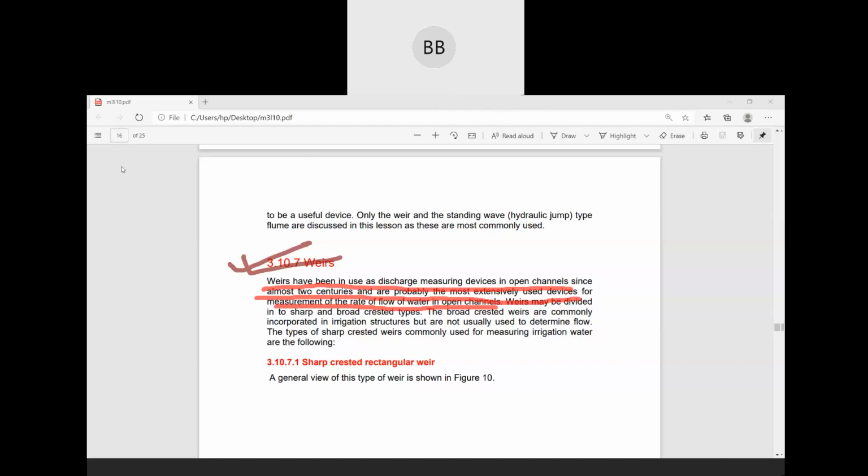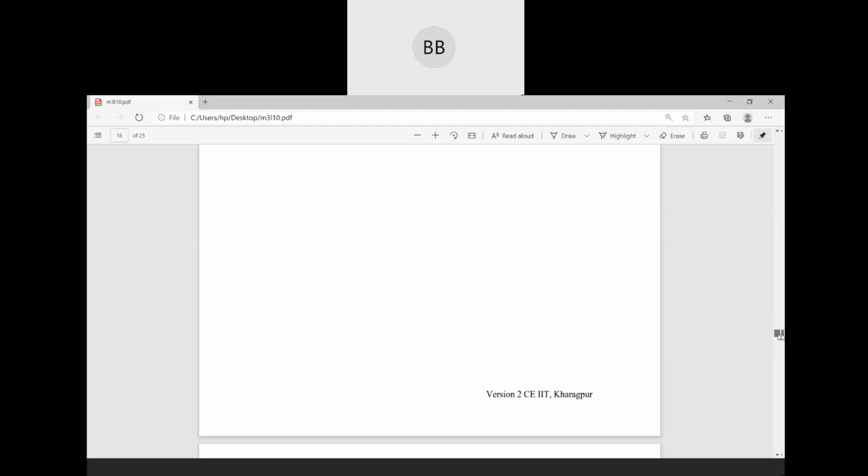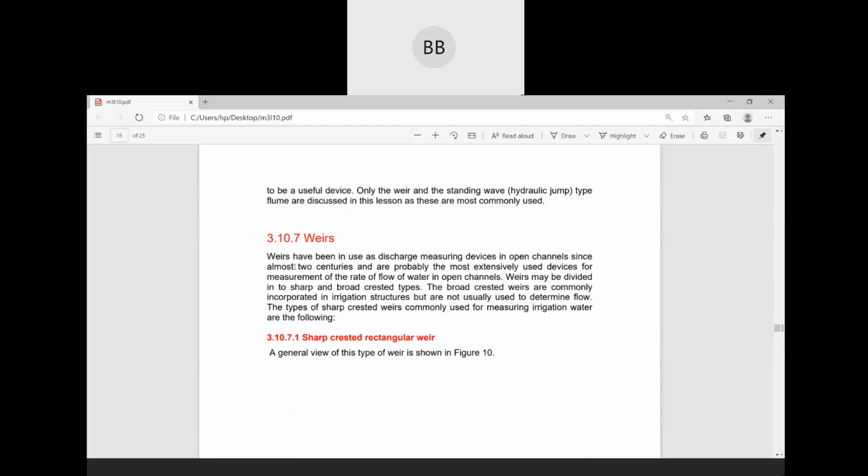So you first write down about the weirs, then we move on to the sharp crested weir. For weirs you can refer to the book called Fluid Mechanics and Hydraulic Machines by R.K. Bansal.